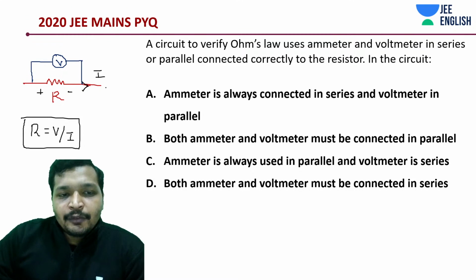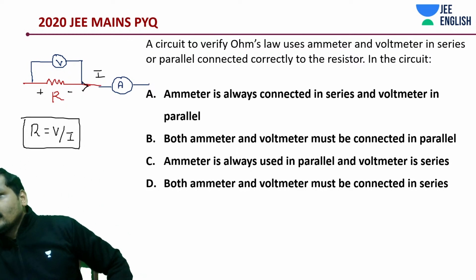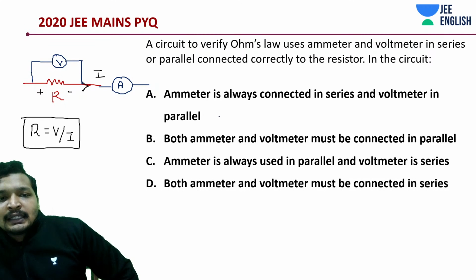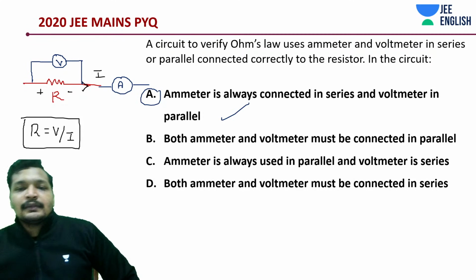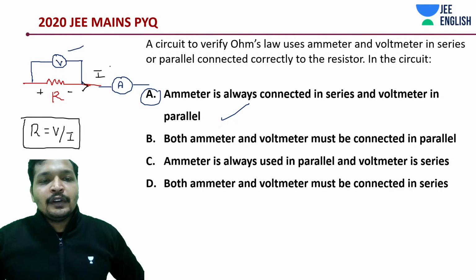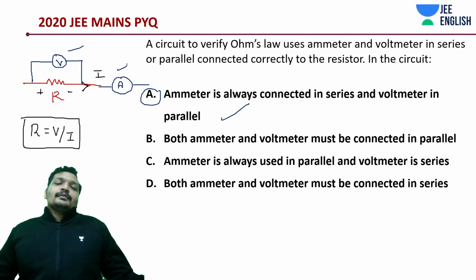Just a quick recap for students who know it very well. And the ammeter is always going to be in series. End of the story. Ammeter is always connected in series and voltmeter is always connected in parallel. That's it. You got the value of V, and you got the value of I.